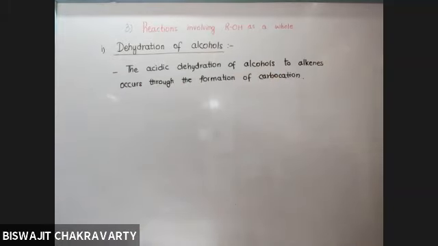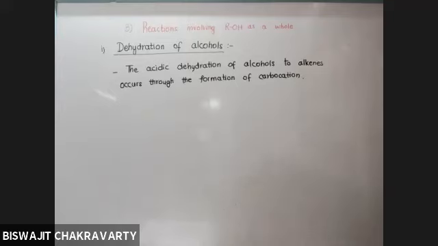The meaning of it is during the dehydration process, there is removal of water from the alcohol, resulting in the formation of alkene. But because during the course of the reaction, the intermediate produced is a carbocation, obviously that alcohol will show the reaction the fastest which will be producing the most stable carbocation.